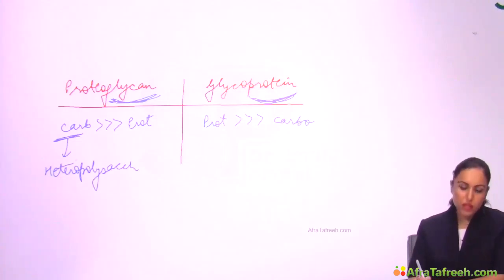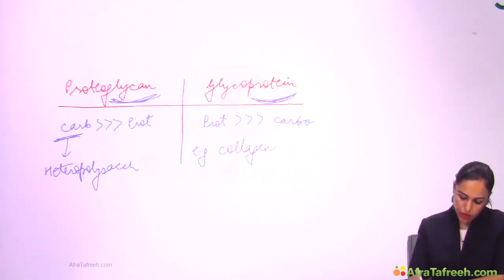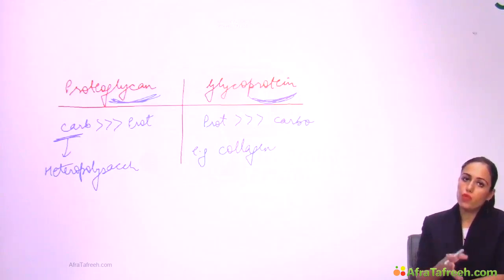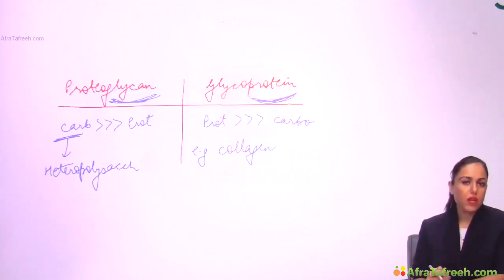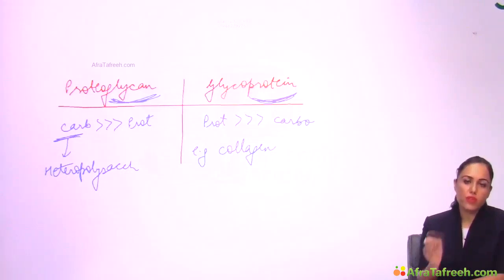But in case of glycoprotein, the example is collagen. The fibrous protein collagen is a glycoprotein, meaning mainly it is a protein, but some portion of carbohydrate is attached to it. You know, plasma proteins, there are many proteins present in plasma. All the plasma proteins are glycoproteins except albumin, because albumin does not have any carbohydrate attached to it.